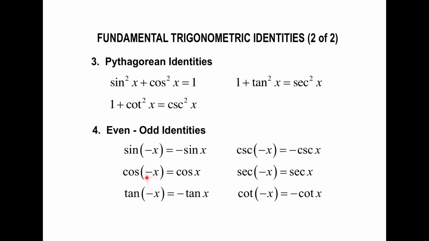But a cosine of a negative x actually produces the same thing we get when we have a positive x. And so that produces an even function. And the even functions only go with cosine and secant. All the others are odd. When we input the opposite of x, we end up getting the opposite of what we would get when we put in positive x.